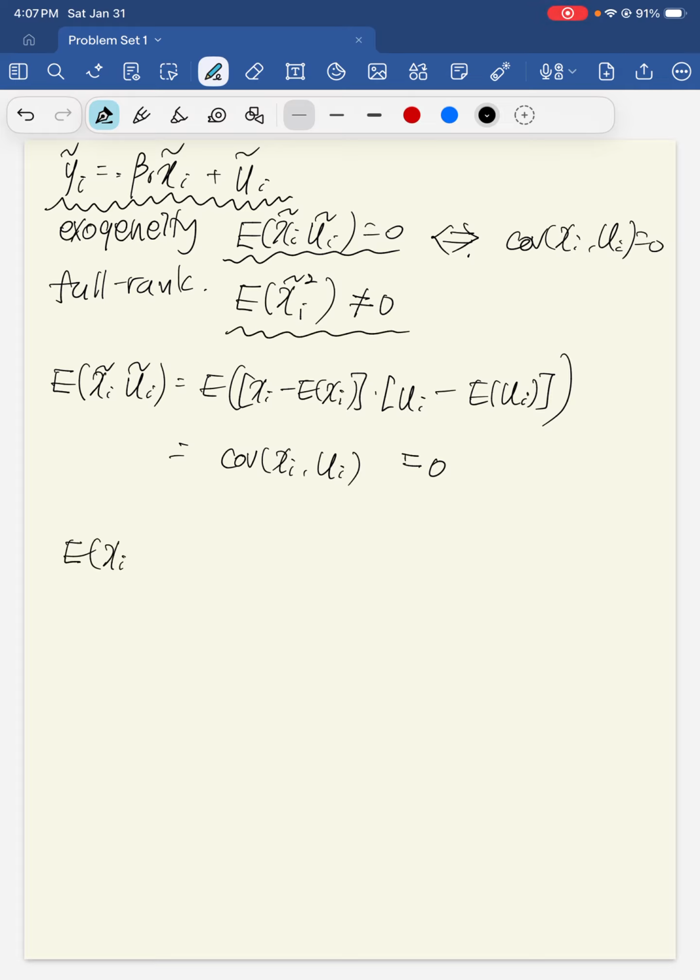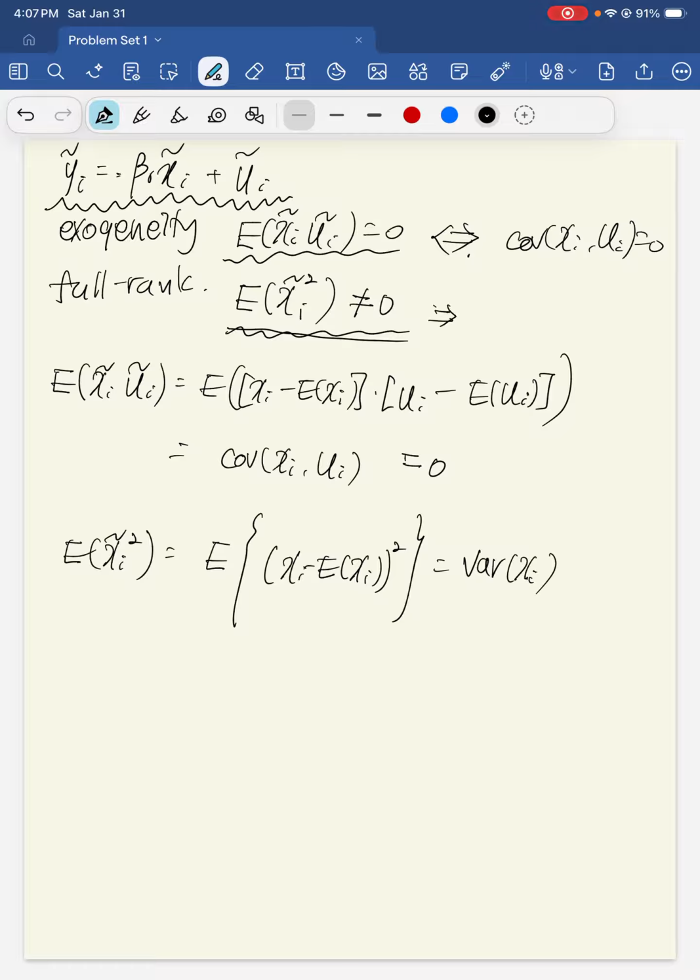And now let's try this. Expectation of x tilde squared is, again, x minus expectation x squared, which is the definition of variance, right? So whenever this is not 0, that is equivalent to variance not 0, right?